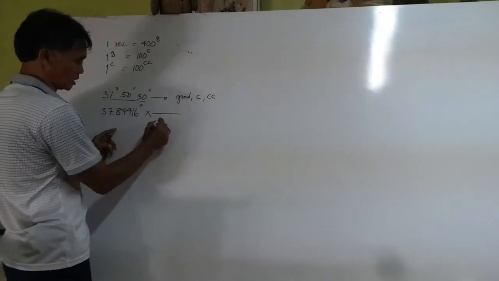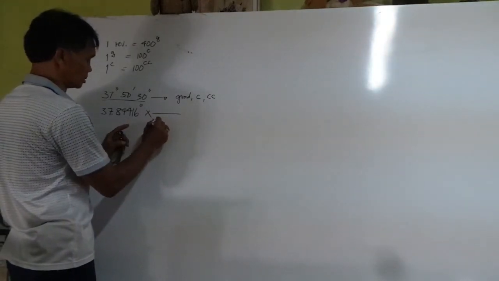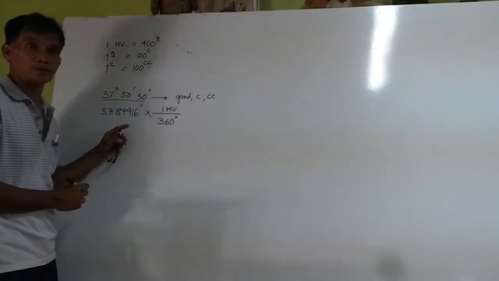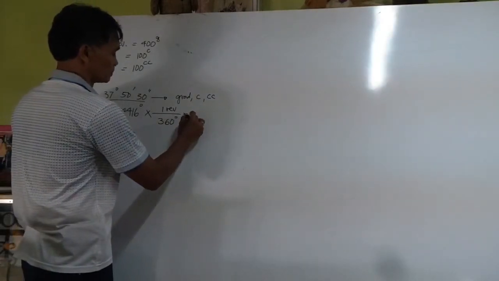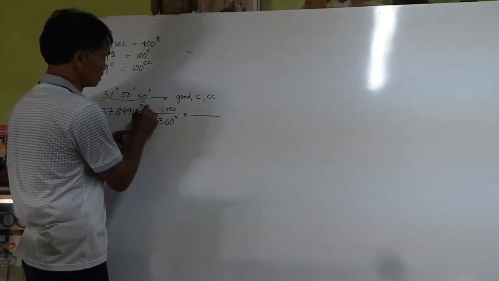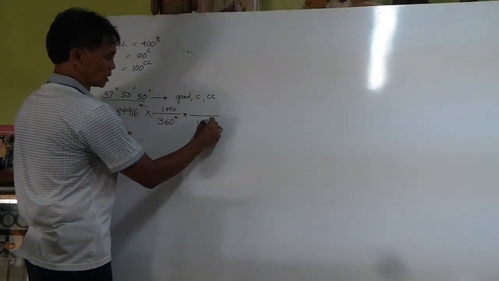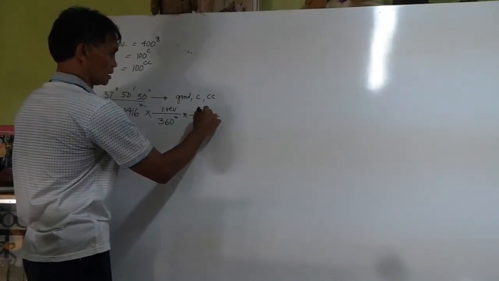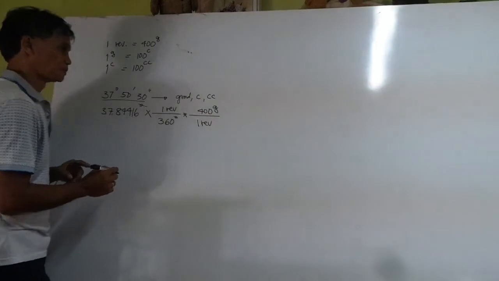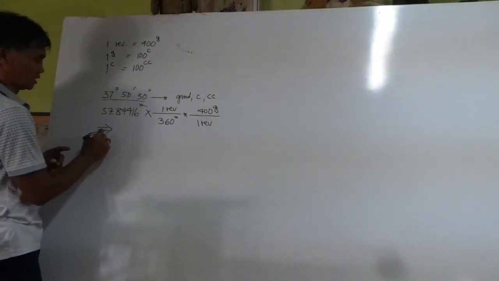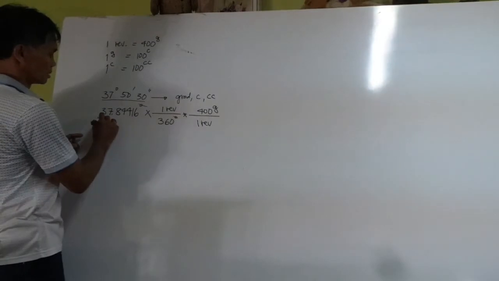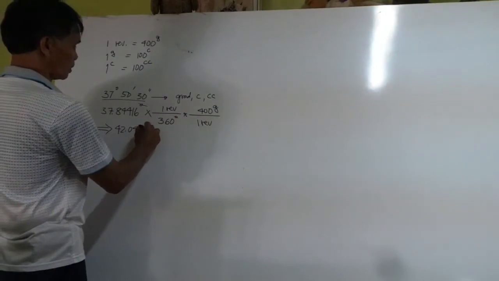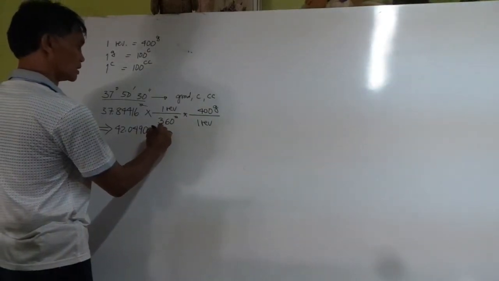So in order to cancel the degrees, we place the degrees in the denominator, 360 degrees in one revolution, multiplied by 400 grads in one revolution. So the initial answer is 42.049067 grads.